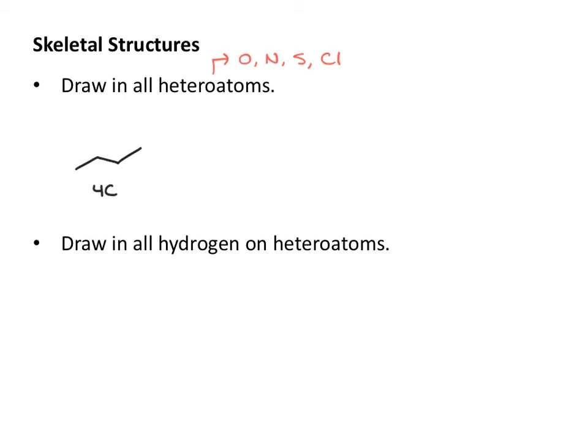If one of the termination points ends up being a heteroatom like a chlorine, that takes the place of the carbon on the end. So now, instead of 4 carbons, there's only 3 carbons. So don't get confused and think there's a carbon here and the chlorine. The chlorine took its place.